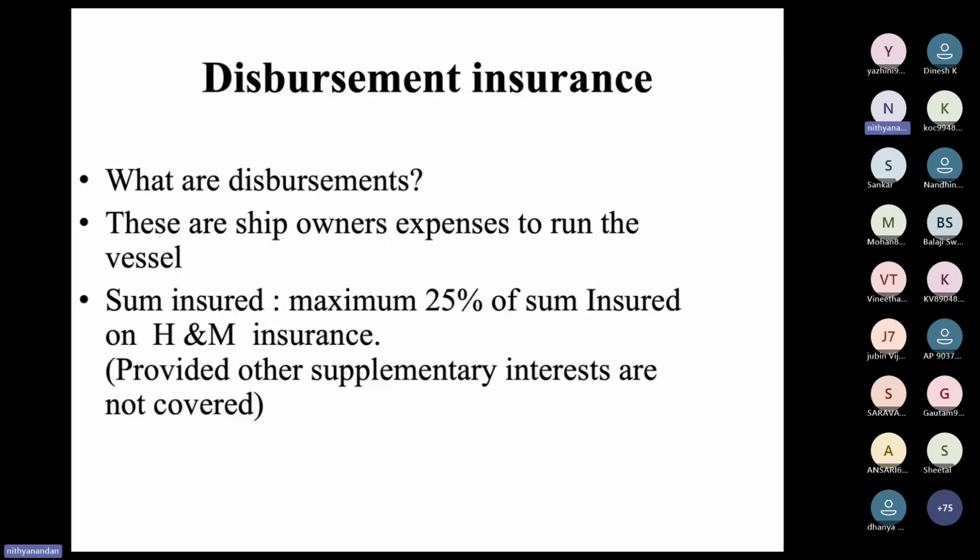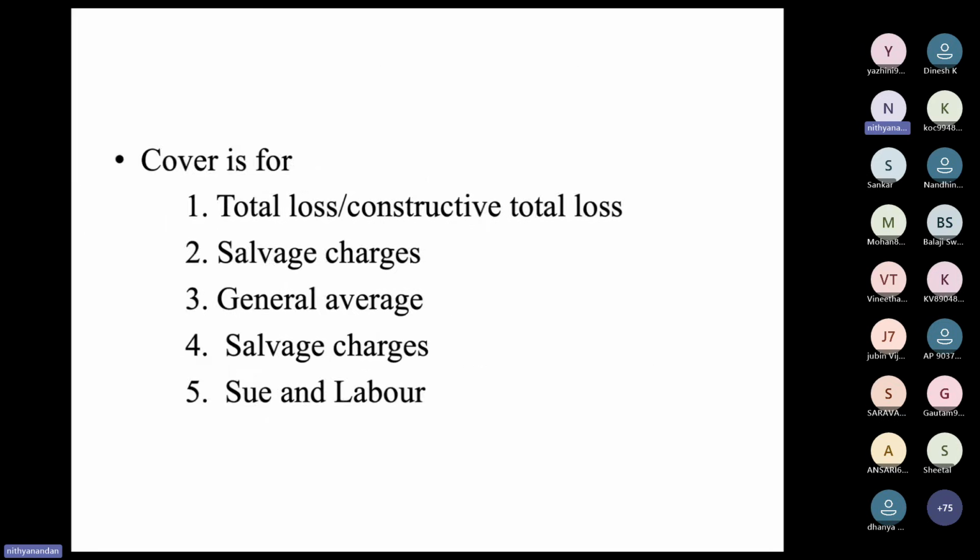If he is taking only a freight policy, he can use the 25% of the sum insured only for freight. If he chooses to take both the policies, disbursement and freight, the sum insured in both the policies put together should not be more than 25% of the sum insured under the hull and machinery policy.